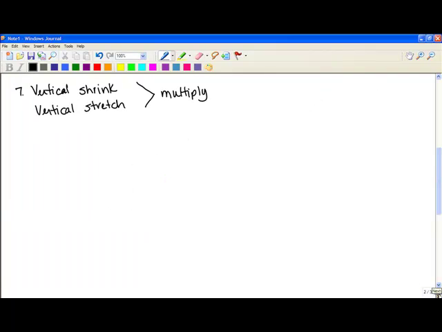Now the last type of transformation is a vertical shrink and a vertical stretch. For both of these, we multiply by a constant. Now, a vertical shrink will occur when the constant, I'll call it A, is between 0 and 1. We're looking at the absolute value of the constant.